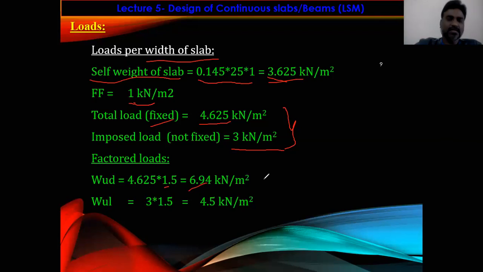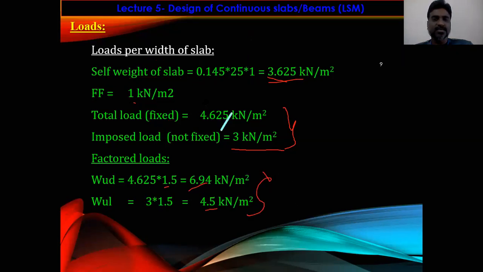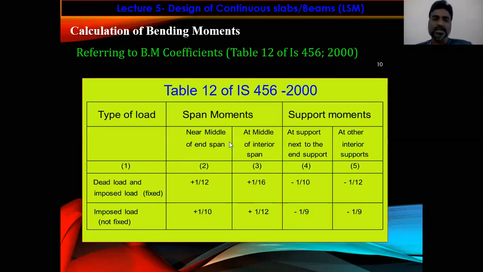Similarly, for not fixed, it is 3 into 1.5, we will get 4.5 kilonewton per meter square. So these are the factored loads. Based upon this, you need to determine the shear forces and bending moments. So the next step is determination of shear force and bending moment.